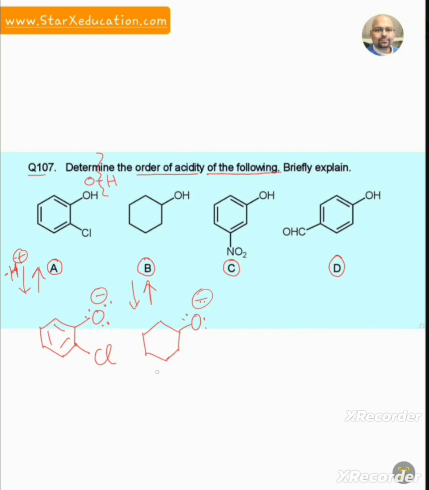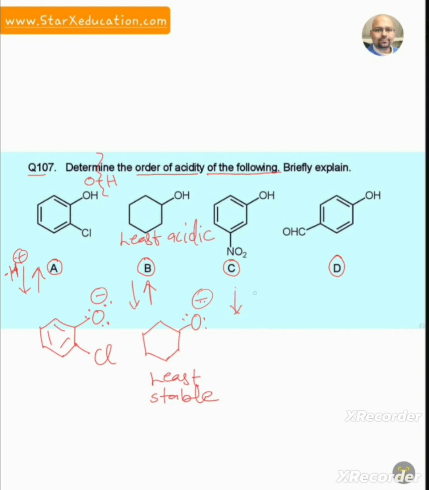So this one would be the least stable conjugate base, and that's the reason that compound B would be the least acidic out of these four compounds.